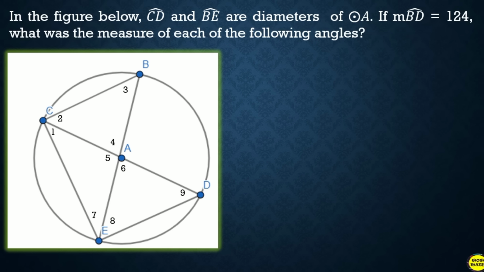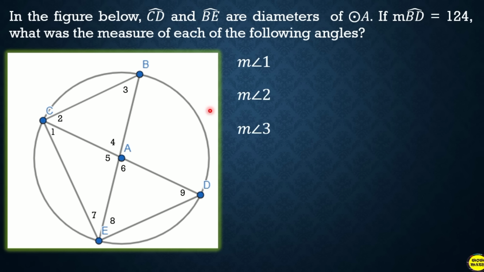So in the figure below, CD and BE are diameters. So again, yung CD daw natin and BE are diameters of circle A. So if the measure of arc BD is equal to 124, what is the measure of each of the following angles?